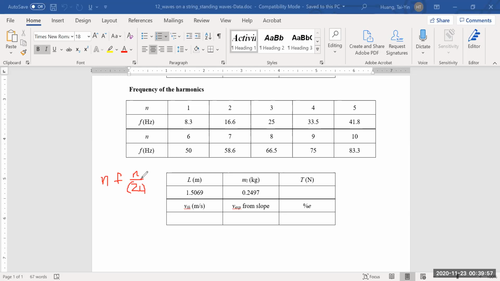You don't just do N over 2 times L. So when you use Excel to do the calculation, make sure that you put the parentheses so that it is N over 2 capital L.